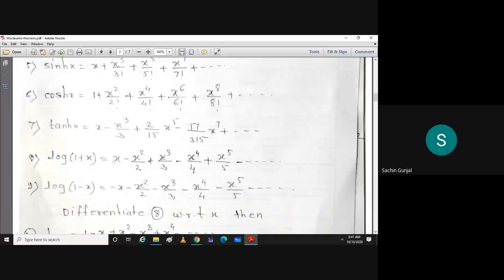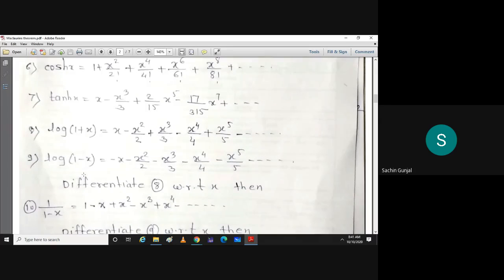Simply replace x by minus x, and you will get minus x minus x square by 2 minus x cube by 3 and so on.